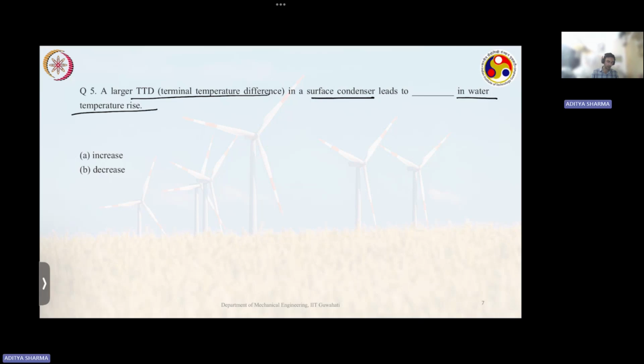What does it do to your water temperature rise? Please think about it.